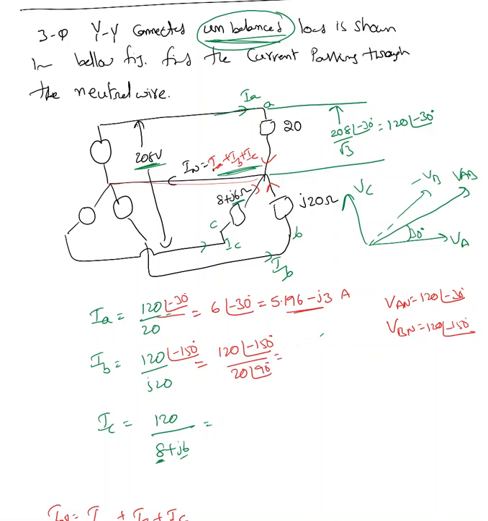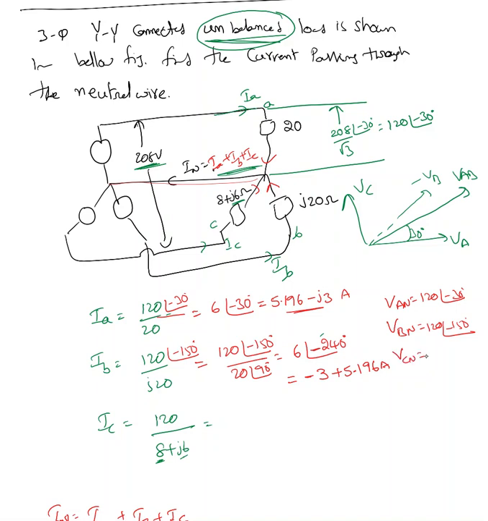That is nothing but 6 at an angle of minus 150 minus 90, which is minus 240 degrees. When I convert this into rectangular format, 6 at an angle of negative 240 is nothing but negative 3 plus j5.196 ampere.